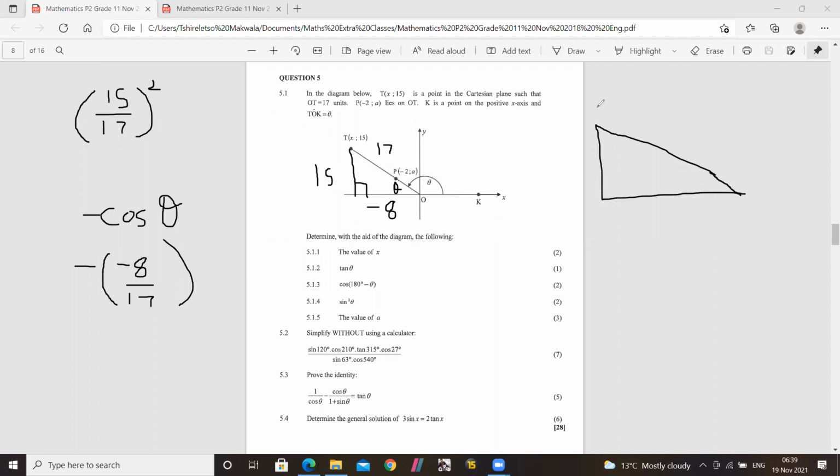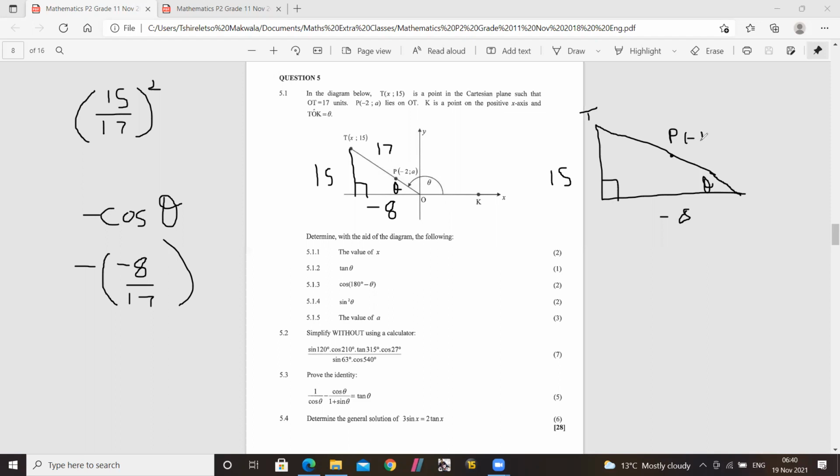Here it's T, then here it's P, then here, like we said, is theta. Then here it's 90 degrees, then here it's 15, then here it's -8. So it says calculate the value of A, right?